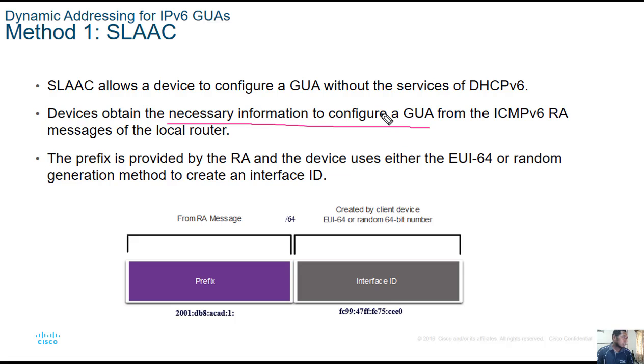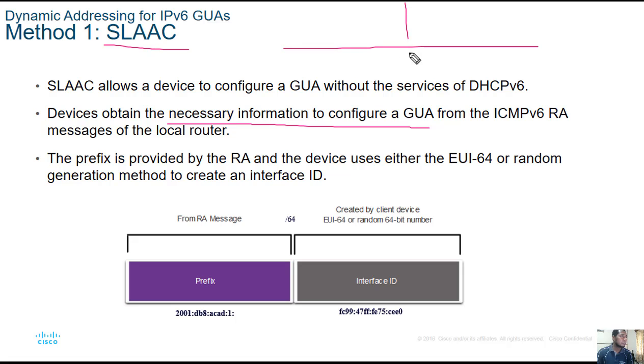So how do they automatically generate this address? Because we see that SLAAC is stateless address autoconfiguration. So notice something here. First of all, it comes down again to that IPv6 address. Remember, we learned that it's 128 bits long and it's divided into 2 parts.